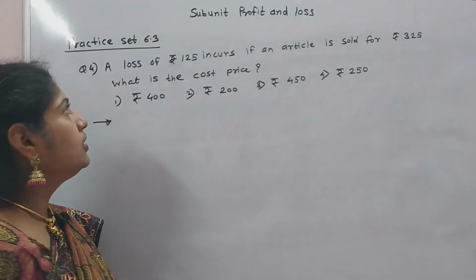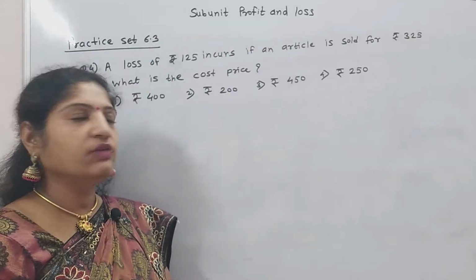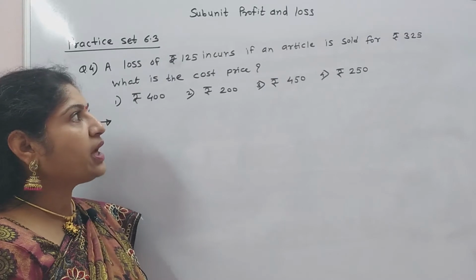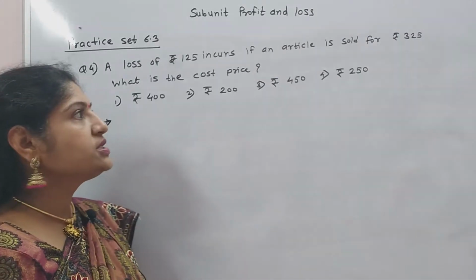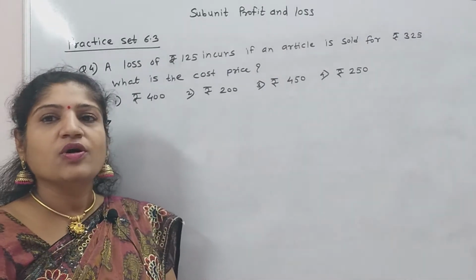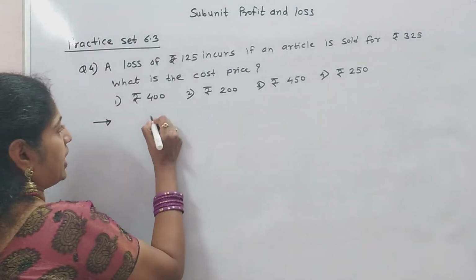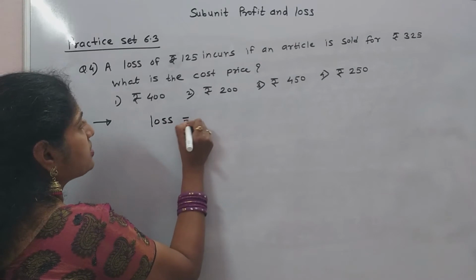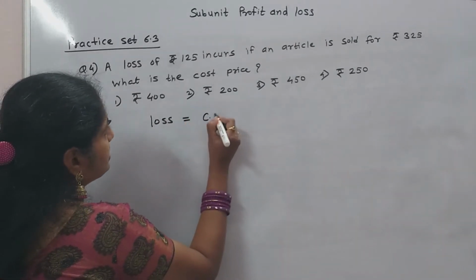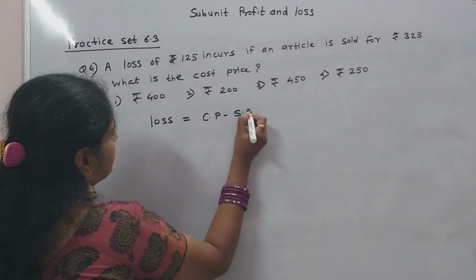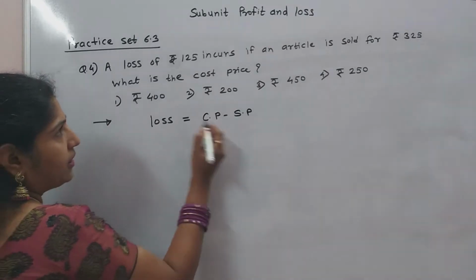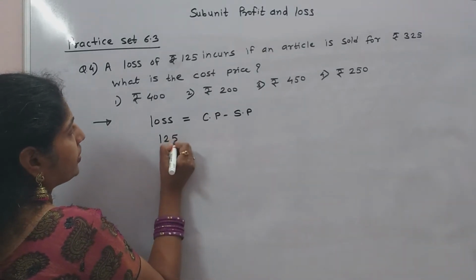Next: a loss of rupees 125 is incurred if an article is sold for rupees 325. What is the cost price of that article? Here there is a loss, and a loss occurs when the cost price is greater than the selling price. Here the loss is 125.